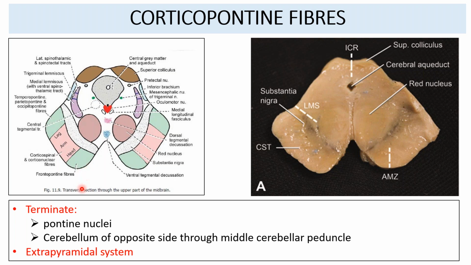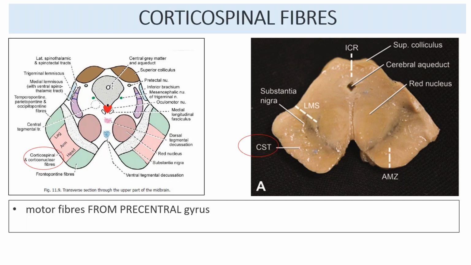They terminate in the pontine nuclei, and from the pontine nuclei they ultimately go to the cerebellum of the opposite side through the middle cerebellar peduncle. It's a part of the extrapyramidal system. Corticospinal fibers we have already done in detail. The corticospinal and corticonuclear tracts arise, the majority of fibers, from the precentral gyrus, and they are the motor fibers involved in voluntary movement of the body.